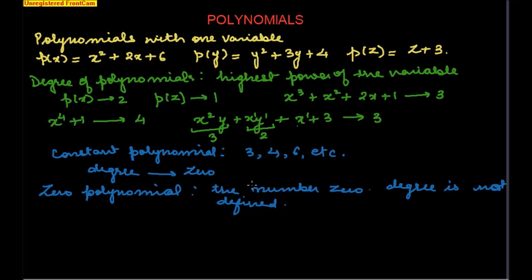Now according to the degree, we can divide the polynomials. We can have different types of polynomials. On the basis of the degree of a polynomial, we can divide them into different parts.